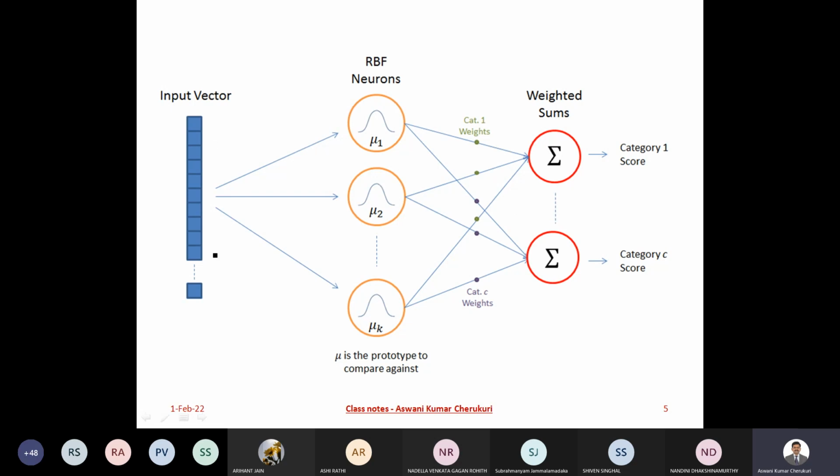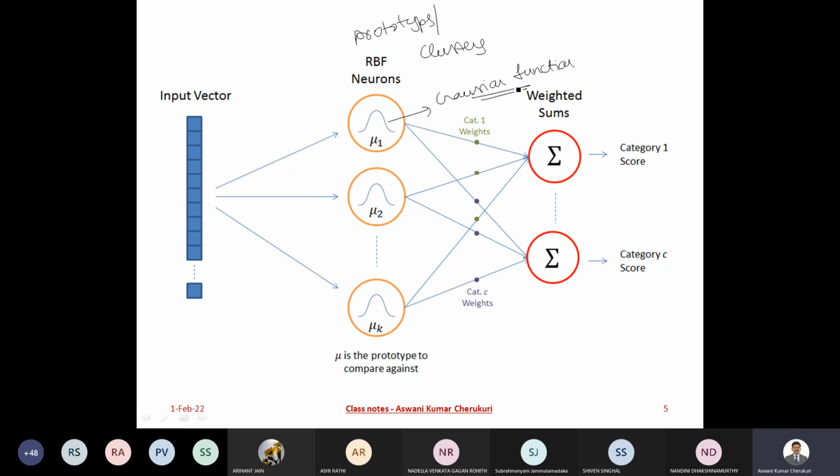Now you are taking the input vector. Now remember, the RBF neurons that are there in the hidden layer are the prototypes or the clusters. Now you notice this is your Gaussian function, which is in the form of a bell shape.